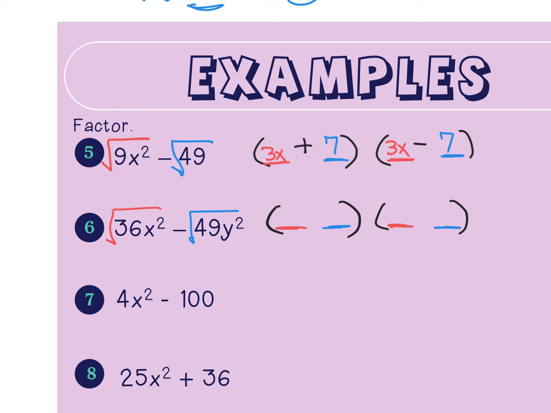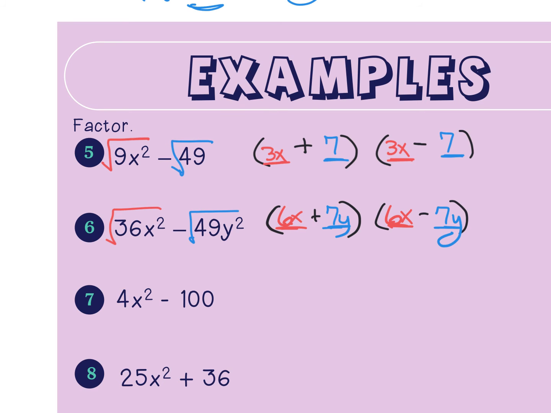So the square root of 36x squared is going to be 6x. And the square root of 49y squared is going to be 7y. One gets a plus sign, one gets a minus. If you would have rather made the first binomial the subtraction, it works as well.